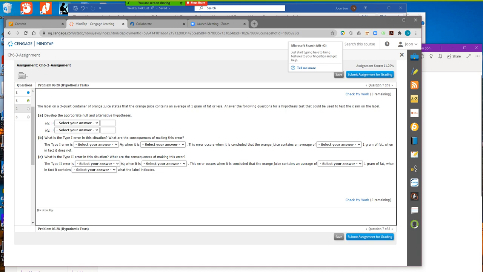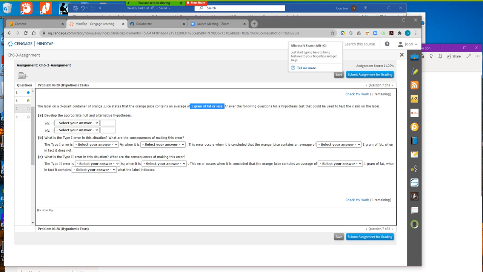Okay, so problem 7 is about type 1 and type 2 errors. The label on a 3/4 container of orange juice states that the orange juice contains an average of 1 gram of fat or less. Answer the following questions for the hypothesis test that could be used to test the claim on the label. So the label says this container has 1 gram of fat or less.